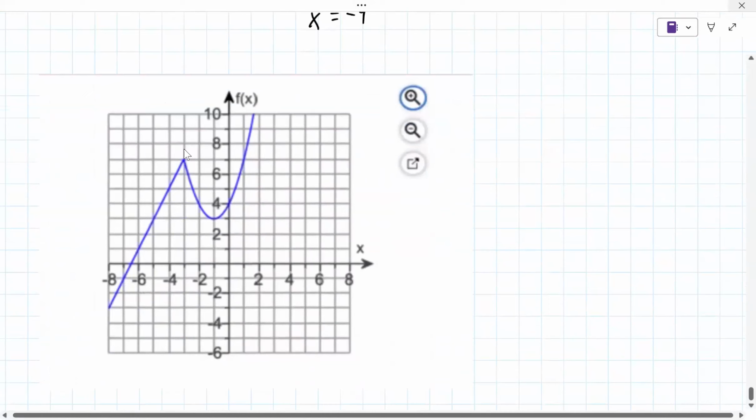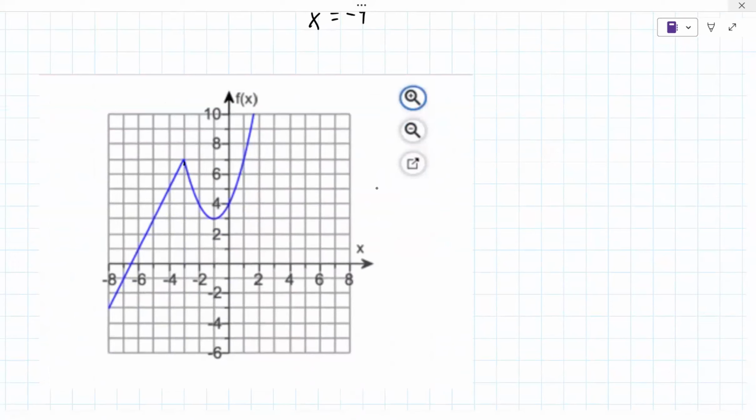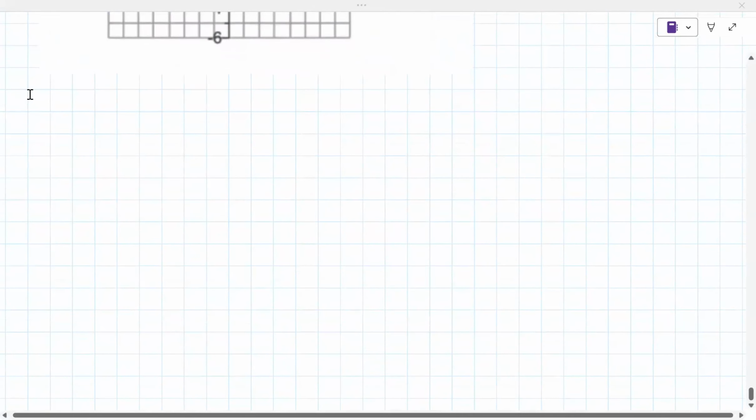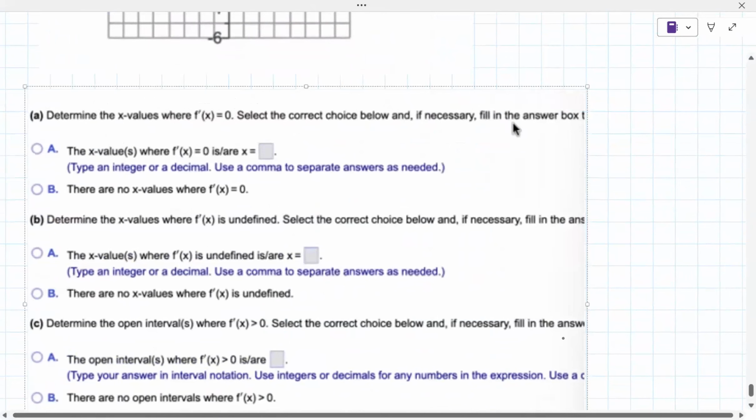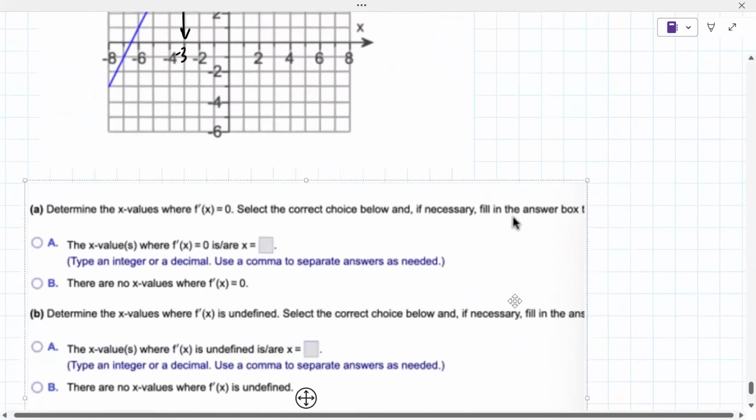Like, what would you call this? A left corner is fine, but there's a problem right there. It is not differentiable right there. What is the X value? -3. So to answer part B, and we're going out of order, sometimes I do that for clarity, part B is -3.